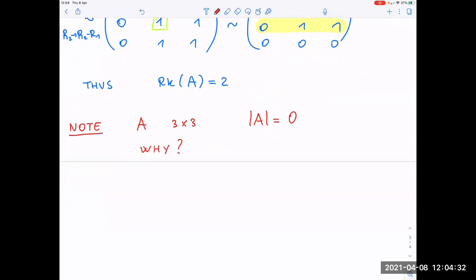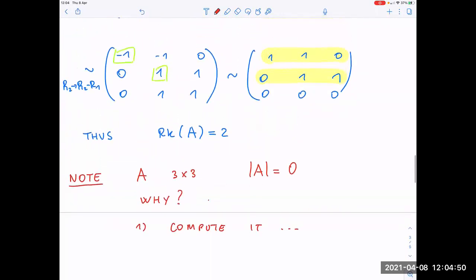Well, of course, one option is to compute it, and we get 0. Someone says, well, 2 rows are identical.